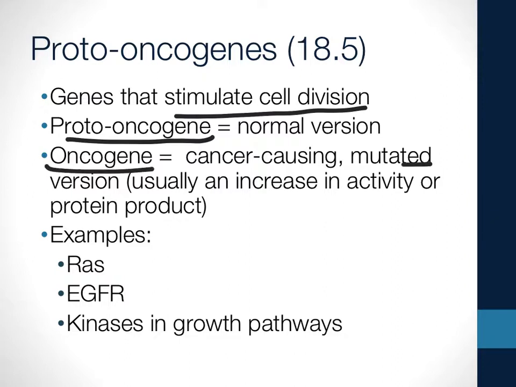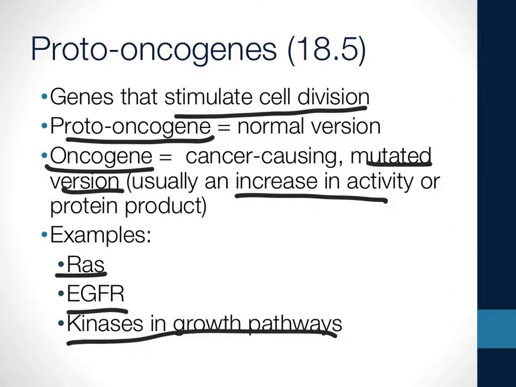Usually we see an increase in activity in the gene, where we're getting too much of the protein produced, and thus too much cell growth. Some examples we're going to look at are kinases and growth factors. If you had kinases that were always on and always phosphorylating the next step, we would always get cell division if that was in a growth pathway. And we're also going to look at two proteins called RAS and EGFR.